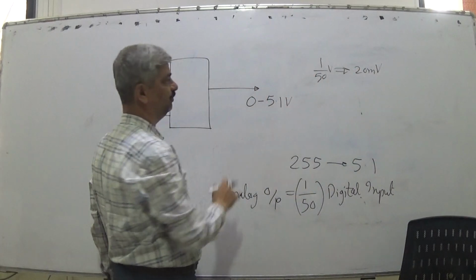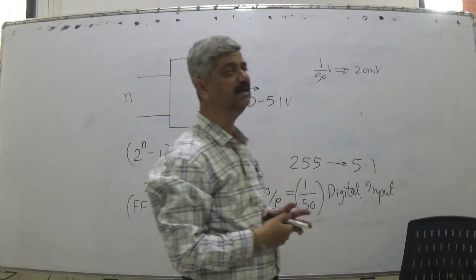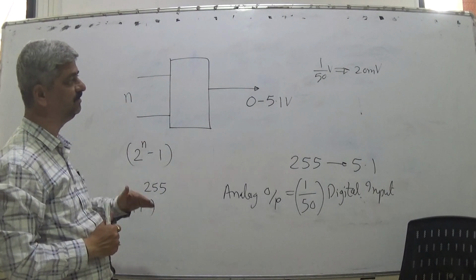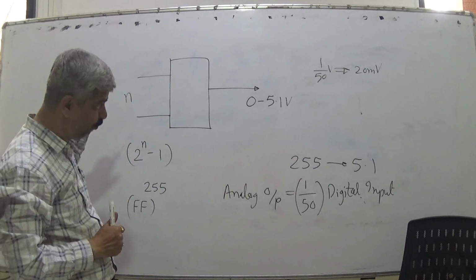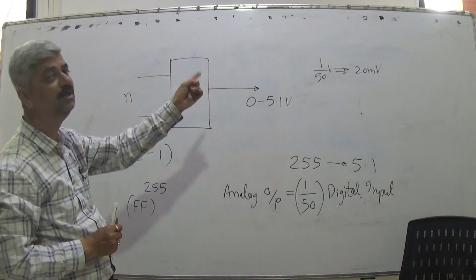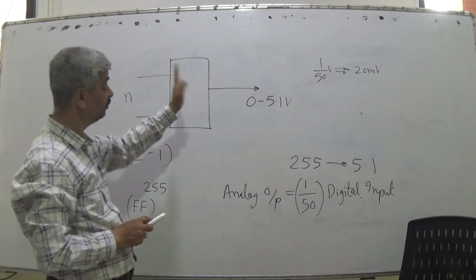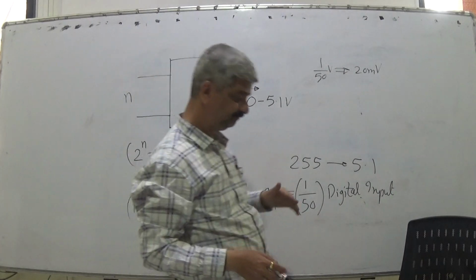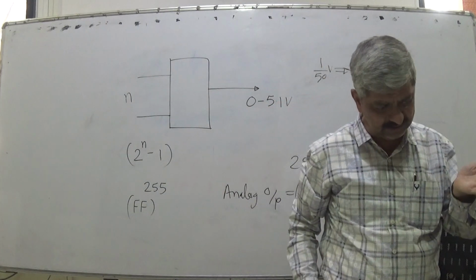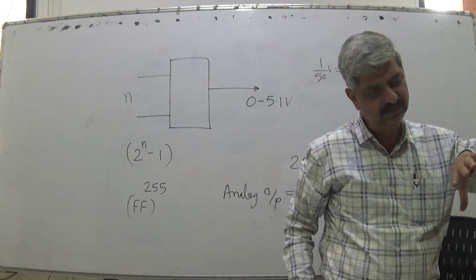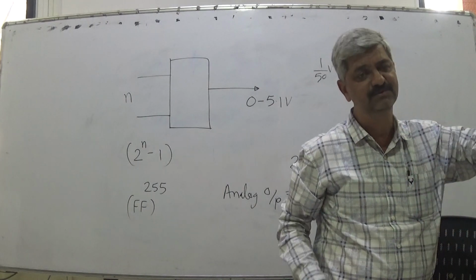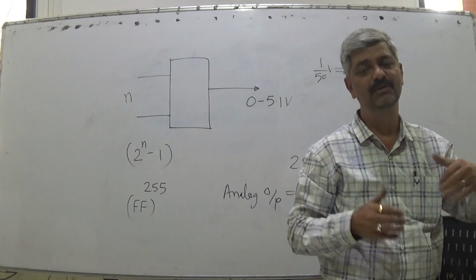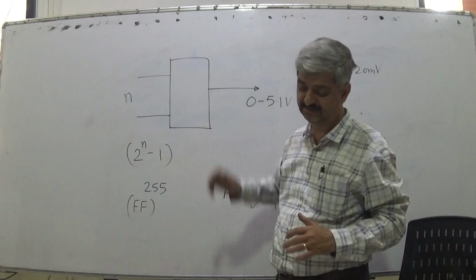This DAC will convert it into 20 millivolts. If the input is 0 0 0 0 0 0 1 0, that is 2 hex, then DAC will convert to 40 millivolts. In real practice there are some systems which need continuous input, and that is generated by DAC.